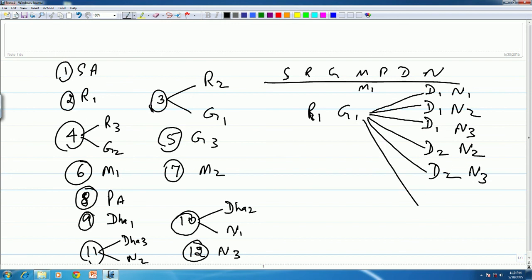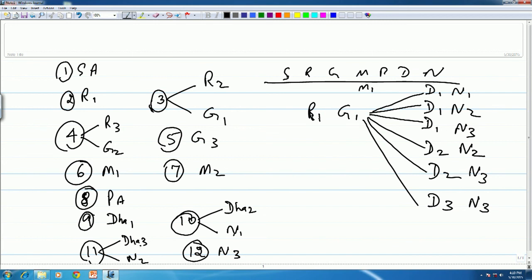And finally we have Dha3 and Ni3. Dha3 cannot combine with Ni1 or Ni2 because Ni1 is lower than Dha3 and Ni2 is actually the same swarasthana as Dha3.